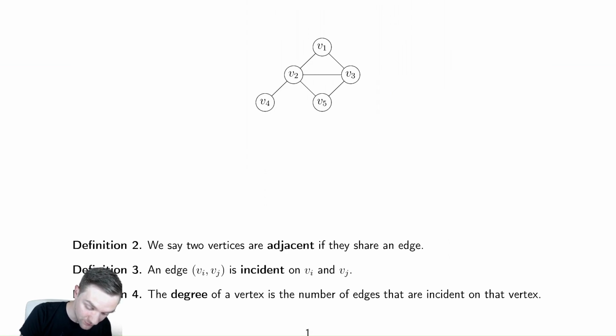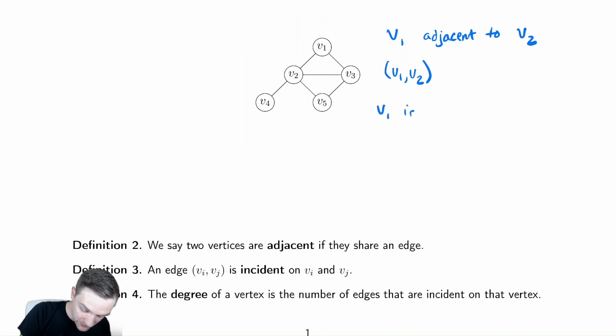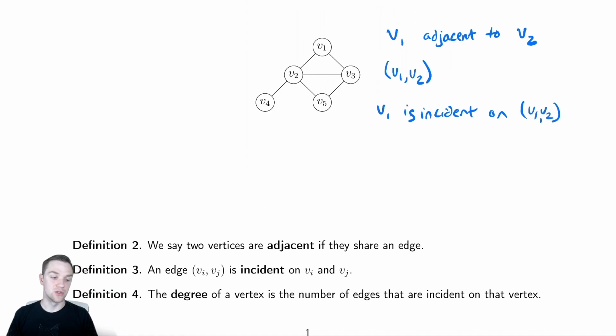So in this graph, V1 is adjacent to V2, and V1, V2 is an edge that connects them. Furthermore, V1 is incident on V1, V2.